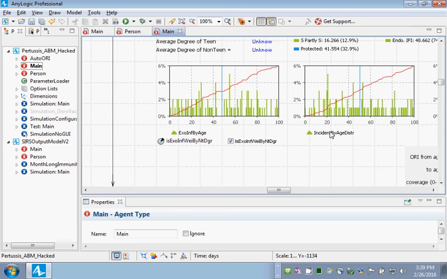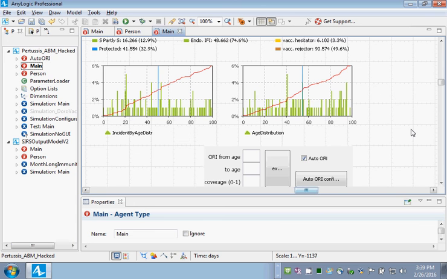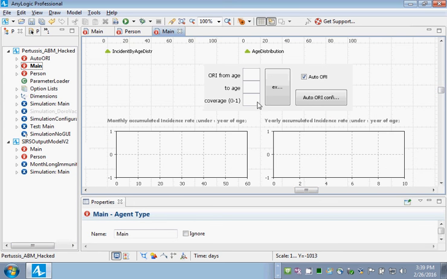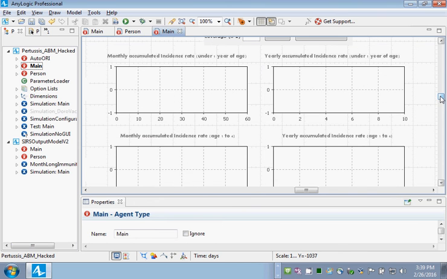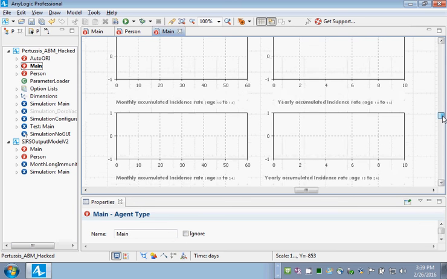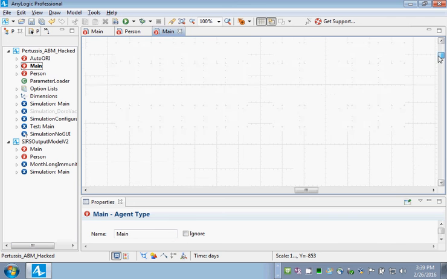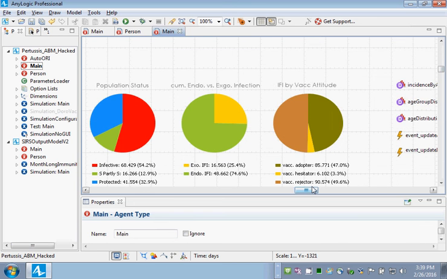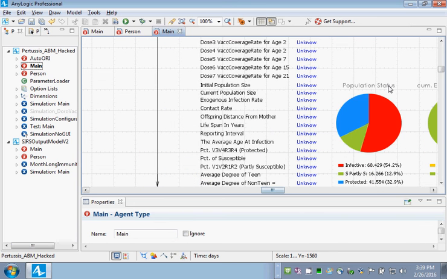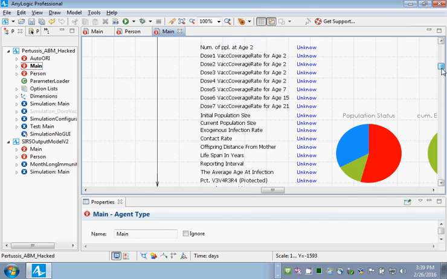And when we run the model, we'll summarize information across many of these graphs at the same time to have sort of a command center view for what's happening here. And as a result, even though it slices and dices model data in different ways, you can often get a much better sense of what's going on in the underlying model by having this sort of suite of different outputs that you can look at.